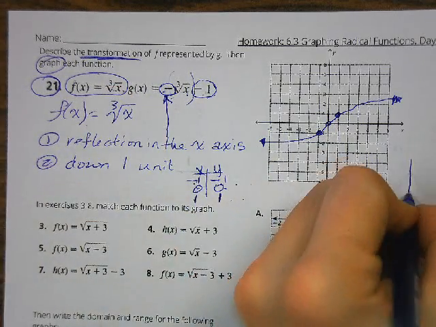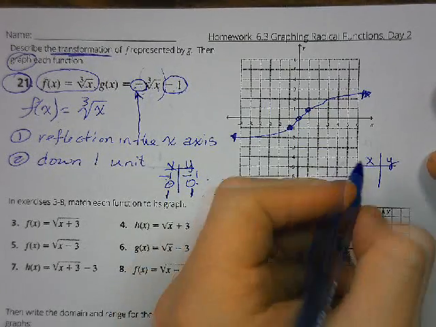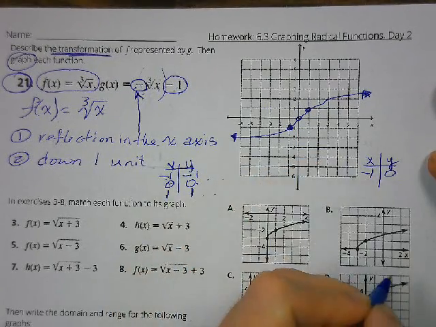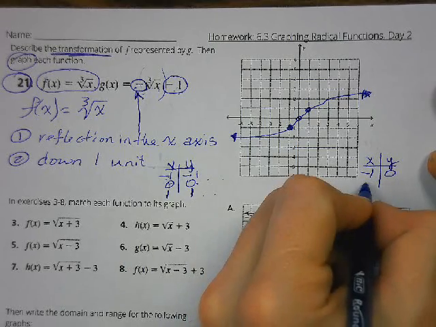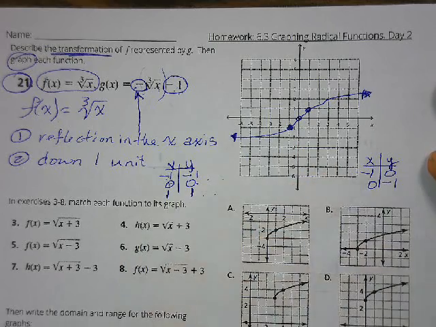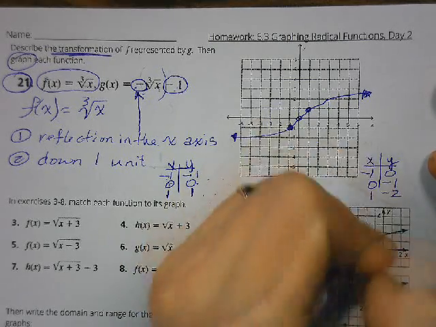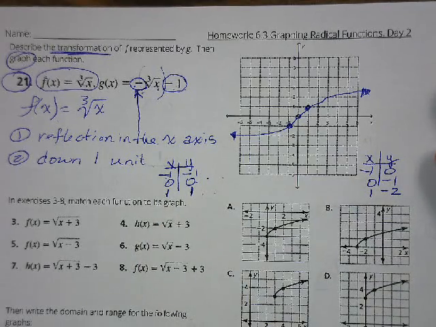You're going to have 0, negative 1, and then 1, negative 2. So we're going to graph those points, and you will get negative 1, 0, 0, negative 1, and then 1, negative 2.